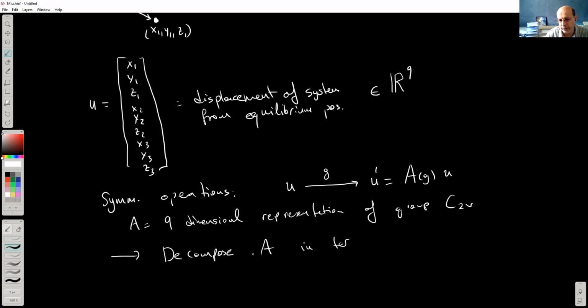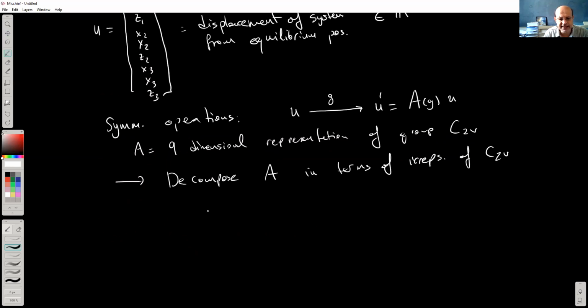We need to decompose A in terms of the irreducible representations by using the character table. This can be done. I'm doing this, but I suggest that you also do that as well. It appears that this decomposition is this.